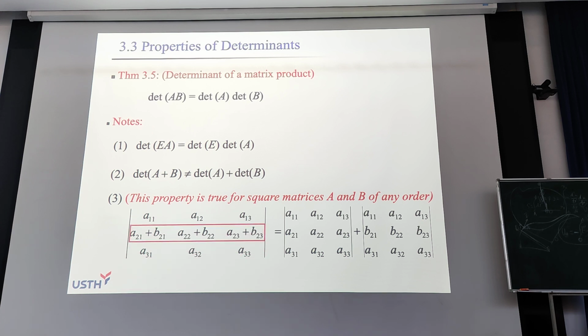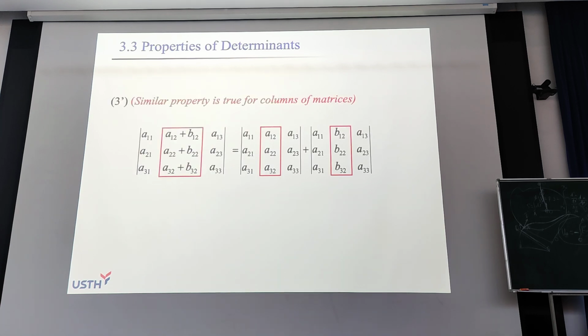If you look at the rows, you will get that one. And we have similar things for the columns here. If each entry of the second column is a sum of two numbers, then the determinant can be written as a sum of two determinants. And that is true for matrices of any size.